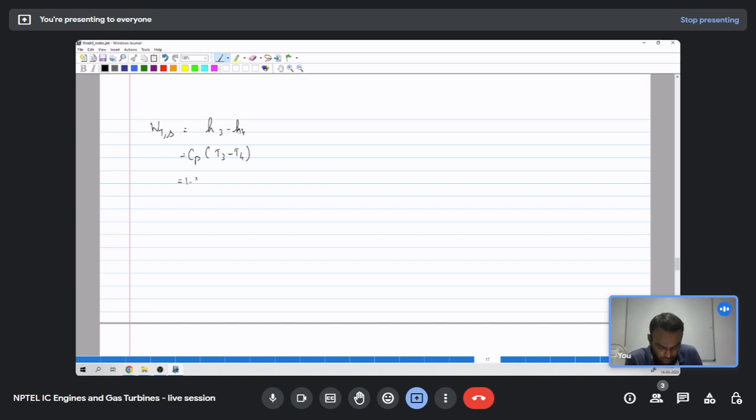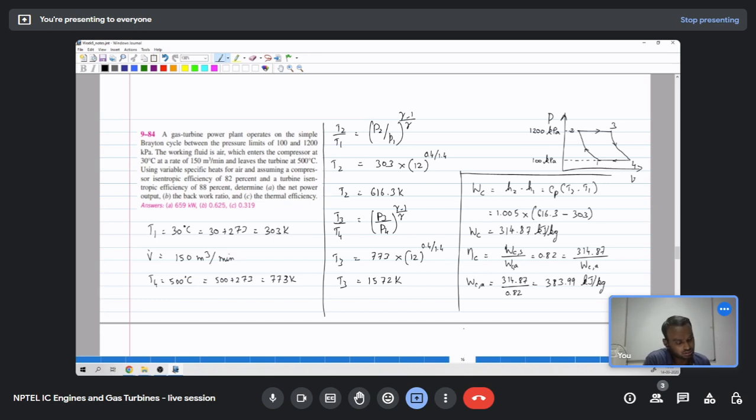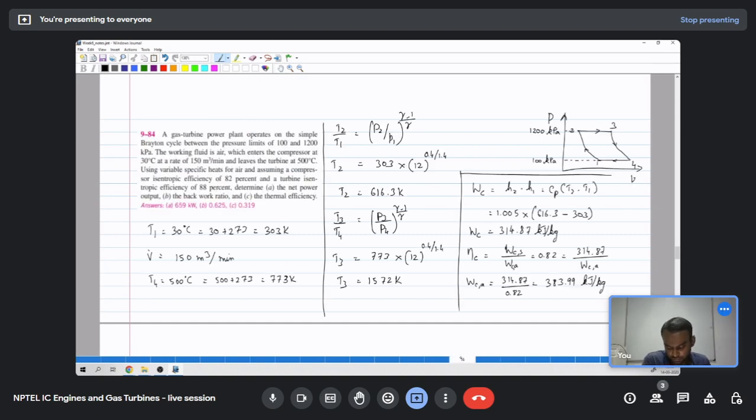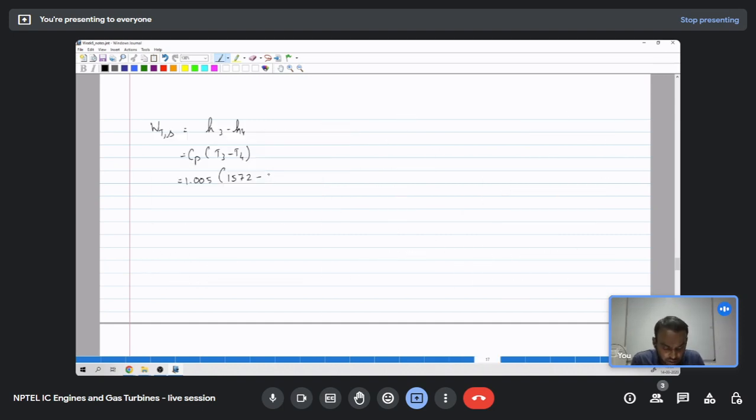Cp is 1.005, T3 is 1572, and T4 is given, which is 773 Kelvin. So this is 803 kilojoule per kg.